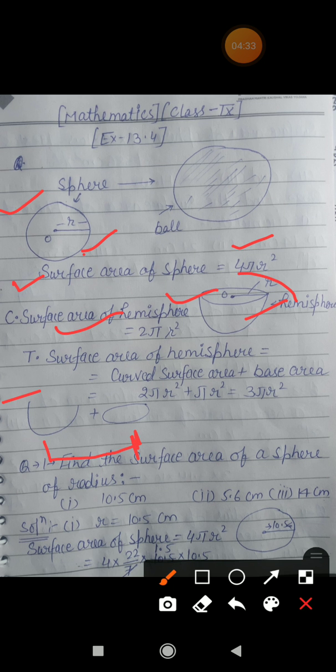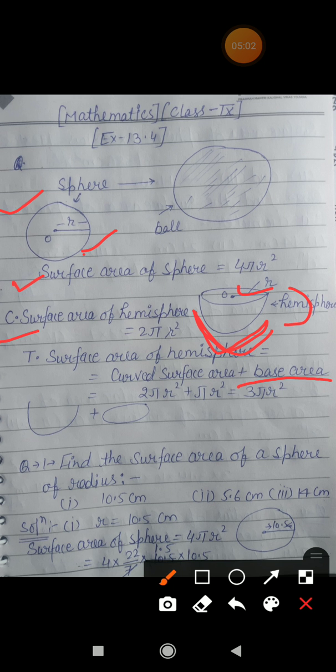So this is a hemisphere, this is the curved surface area and this is the base. If you add these two parts, you get the total surface area of the hemisphere. So what is the formula made with this concept? Total surface area is equal to curved surface area plus area of base.